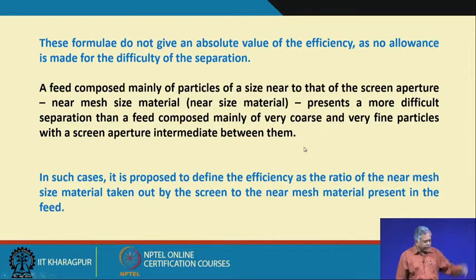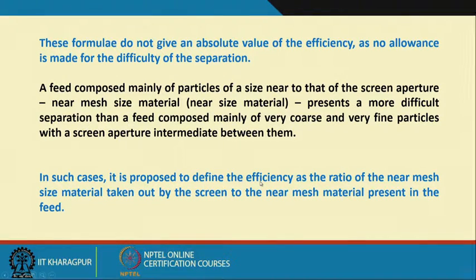Like when you are getting a mined sample, you have a size distribution. So definitely you will have some near size materials, and this formula does not take into account how effectively the screen has separated the near size materials.